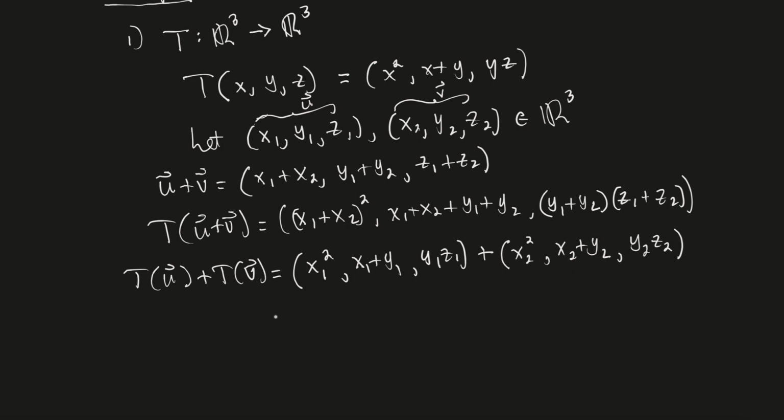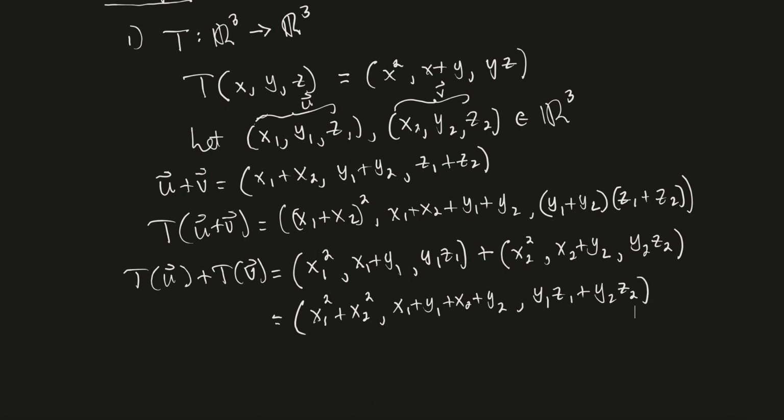If we add them together, look at what happens. I have to take x1 squared plus x2 squared, and then x1 plus y1 plus x2 plus y2. And then finally, I have to take y1 z1 and add it to y2 z2.